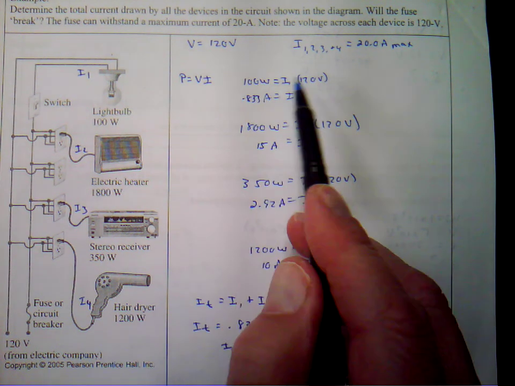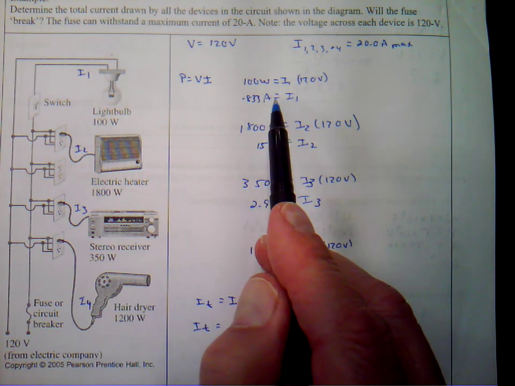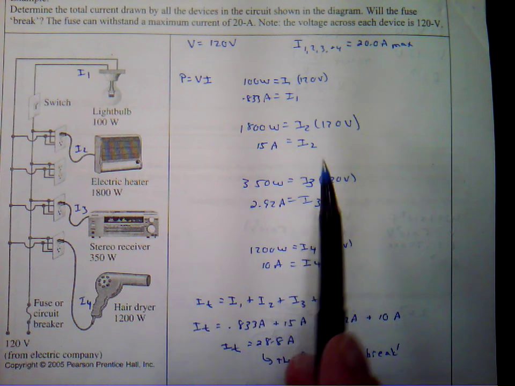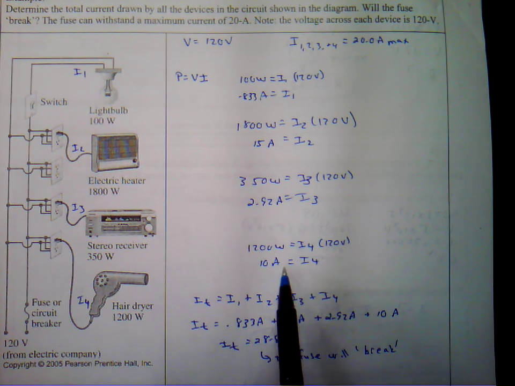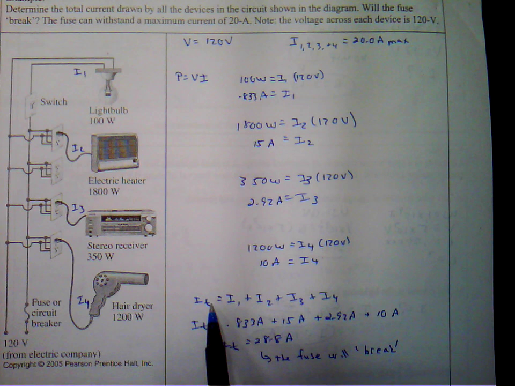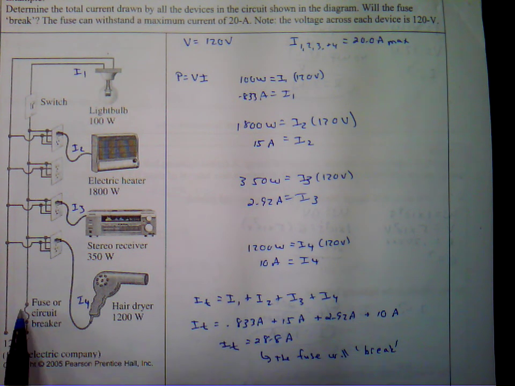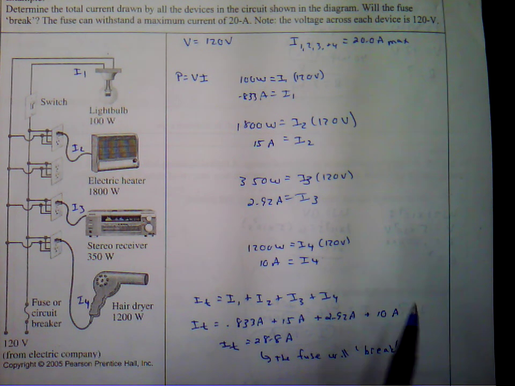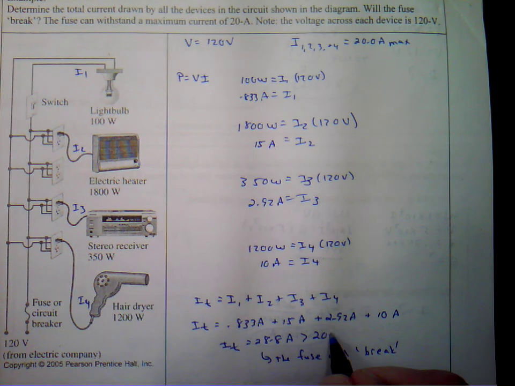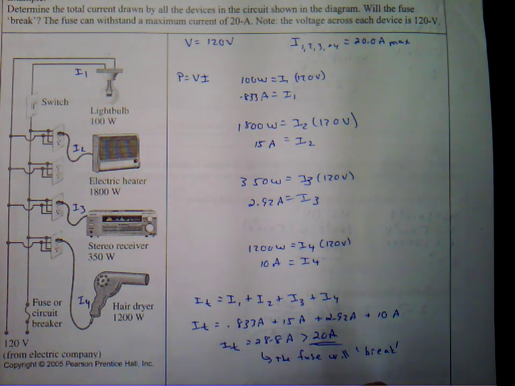So for each of these, we can determine the current. This is the current going through I1, the same thing for I2, same thing for I3, same thing for I4. We add all those currents up, that's a total current going through that fuse. If that current is greater than 20 amps, we add all those up and there's 28.8 amps. This is greater than 20 amps, so the fuse is going to break.